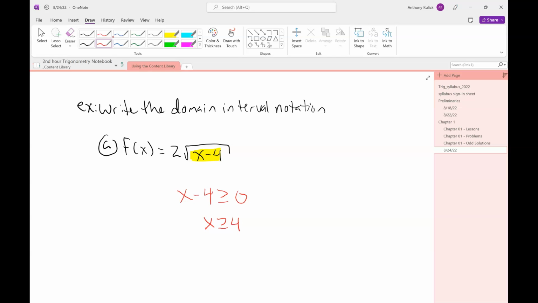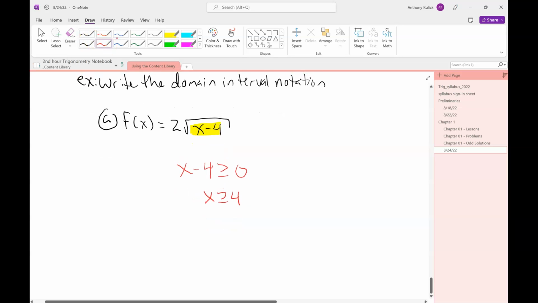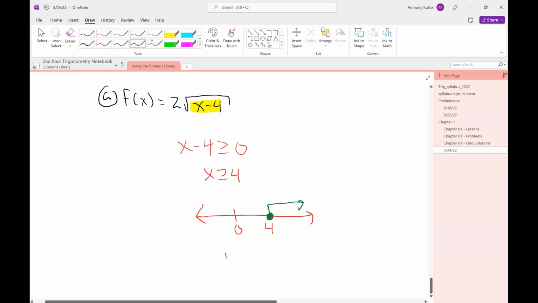So I just need x to be greater than or equal to 4. If I translate that to a number line, filled in circle at 4 because it's an or equal to, arrow pointing to the right, that would give me the interval 4 to positive infinity.